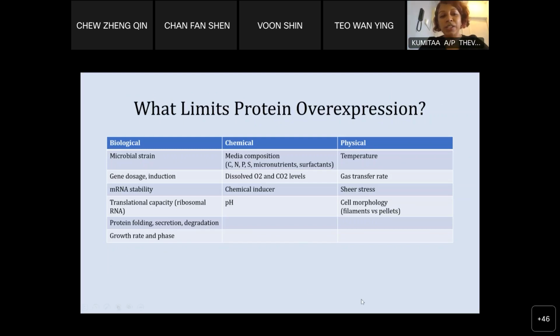Then mRNA stability, translational capacity, growth rate, protein folding, secretion, and degradation. Chemical and physical factors can also affect protein expression. Chemical, again, are you using a chemical inducer, or physical, if you are using something like temperature? So if you are using a promoter such as lambda's promoter, temperature actually affects the growth rate.